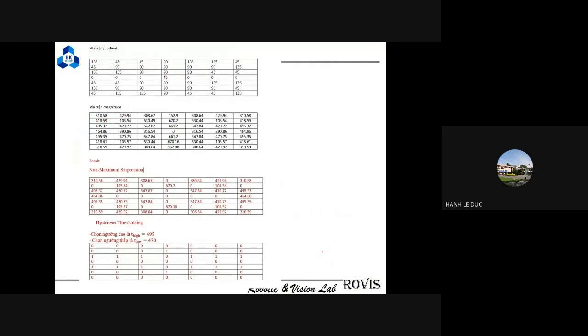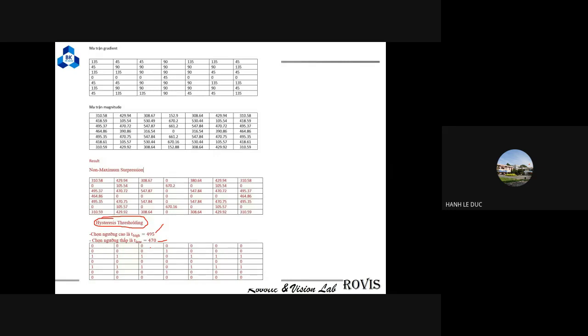After that, you do the hysteresis thresholding, with a high value and a low value. The question is how to choose the high value and low value. It depends on you and on the experiment, just trial and error.